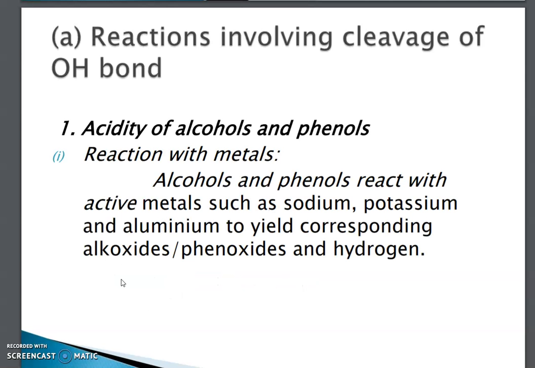In the reactions involving cleavage of the OH bond, there are different types of reactions. It is based on the acidity of alcohols and phenols that we discussed earlier. The first type is the reaction with metals.